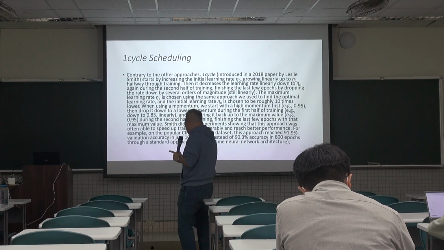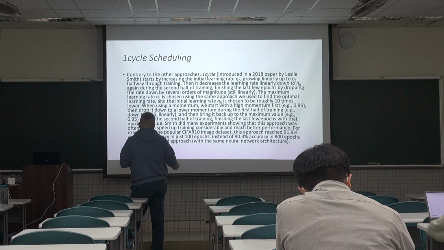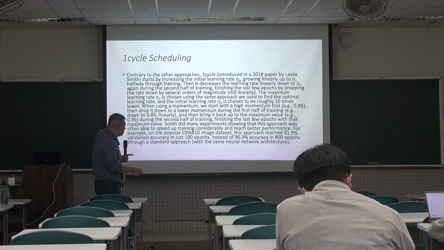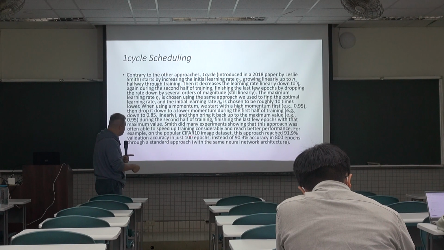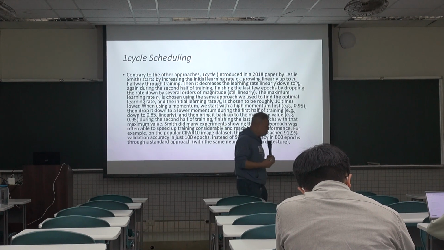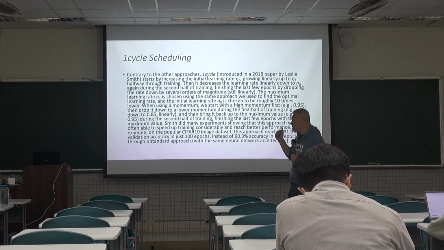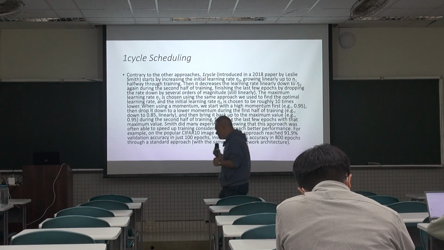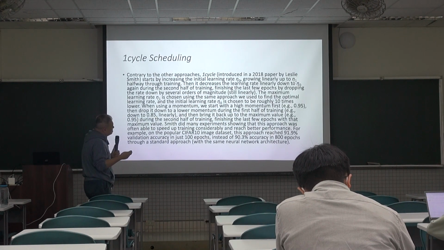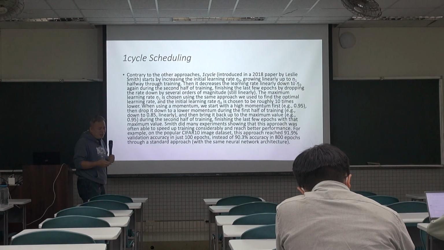And also the number of epochs for the training is reduced 8 times, right? So they show that this is good, but to be honest with you, this approach is complicated. I probably wouldn't recommend it.